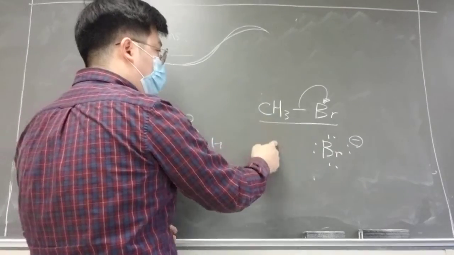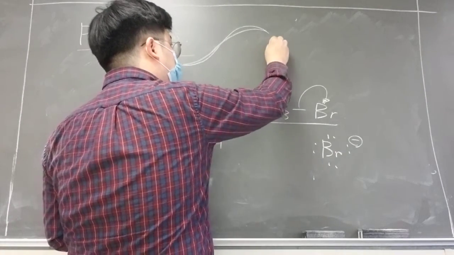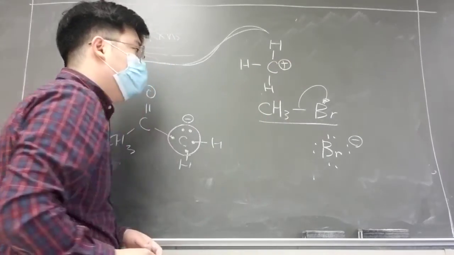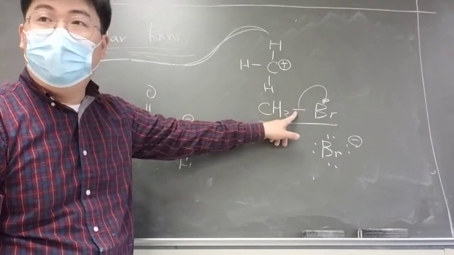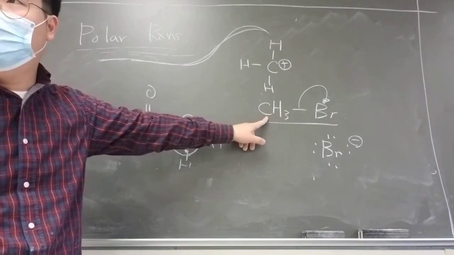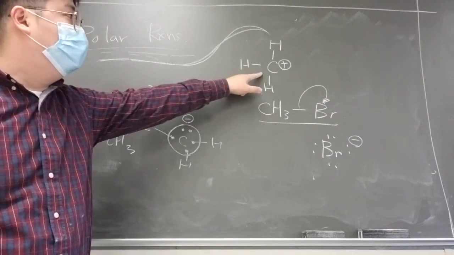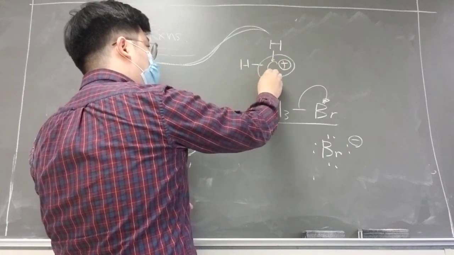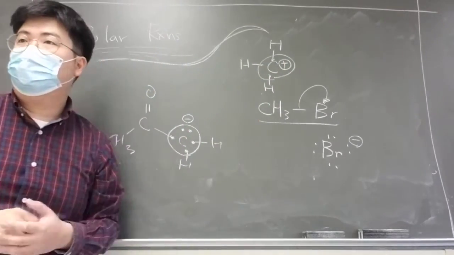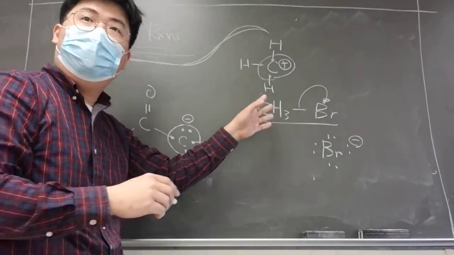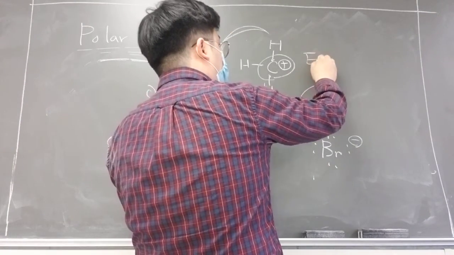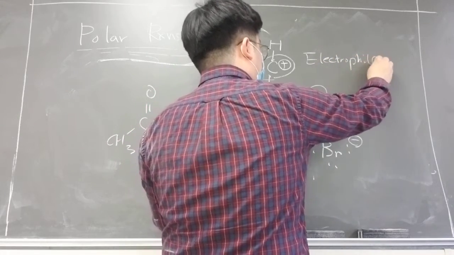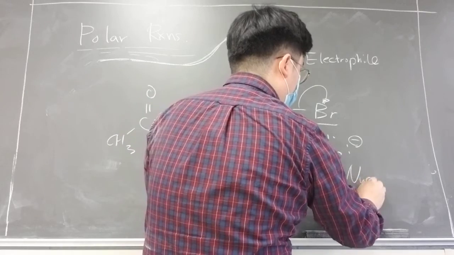Okay, and this one right here will become this, because now it lost all the electrons it shared in the bonding for carbon. It's gone. So it's only 3. 1, 2, 3. So this is a carbon cation again. Okay, makes sense, right? So this is electrophile, and this will become nucleophile.